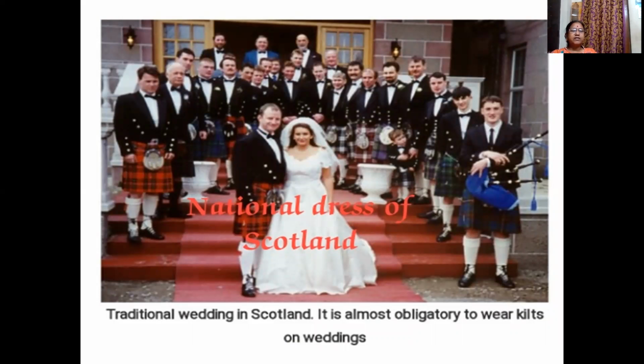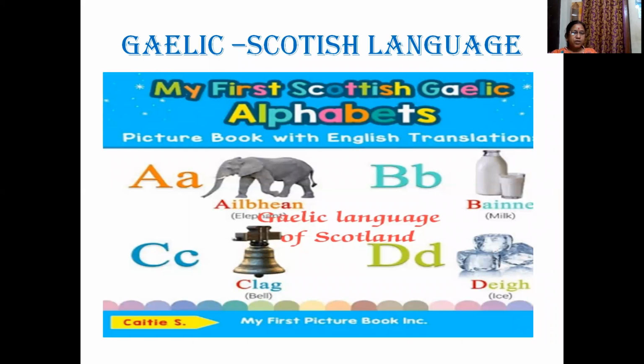Even the national dress of Scotland was not allowed to be worn. They did not have the freedom, they did not have the liberty. In this image, you can see the traditional wedding attire of Scotland. Even their own language, the Scottish language, which is called Gaelic, was not allowed to be spoken.